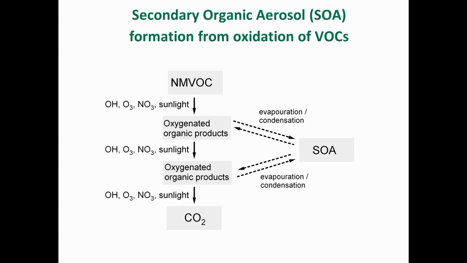But the secondary components are formed from the VOCs. So the VOCs will be oxidised either by the hydroxyl radical, ozone, or at night time by the nitrate radical to form oxygenated organic products which can partition to the particles.